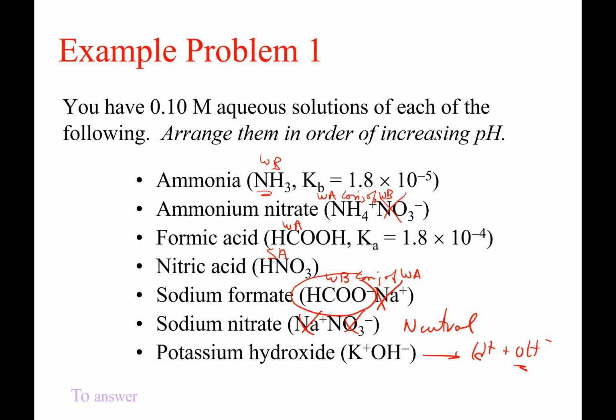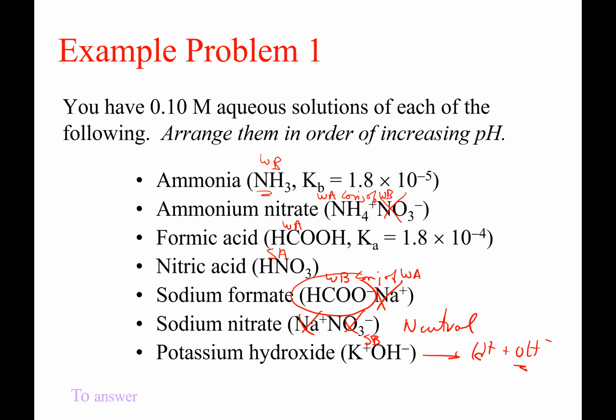And we know that OH minus is a wonderful proton acceptor. So it creates a mole of OH minus, which means it's a strong base. So I'll put SB there.